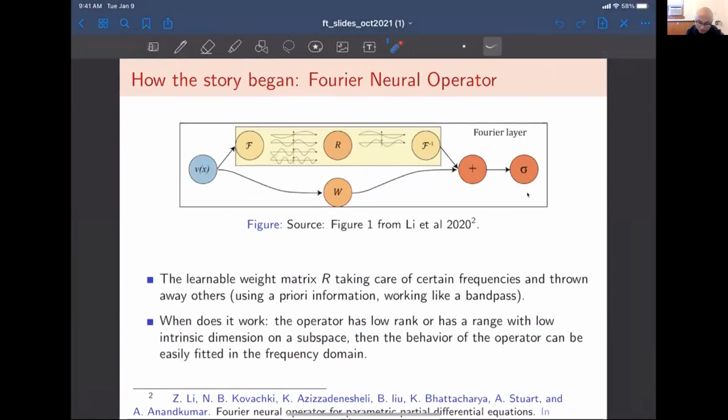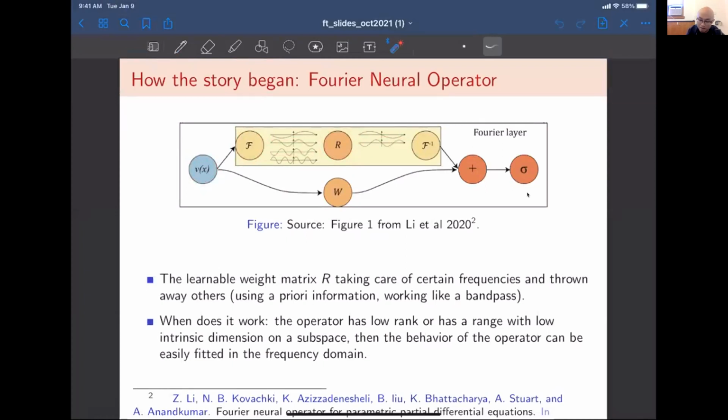what happens here is they have some input function. They do this Fourier transform, and they have all these bandwidth, like representation in waves. And this one is a learnable weight. As we can see, this learnable weight cuts off certain frequency they don't need.